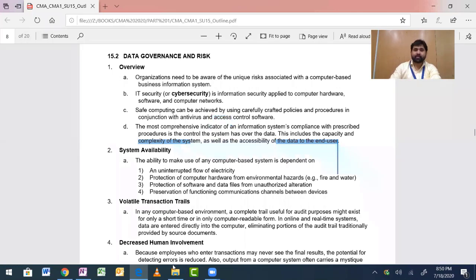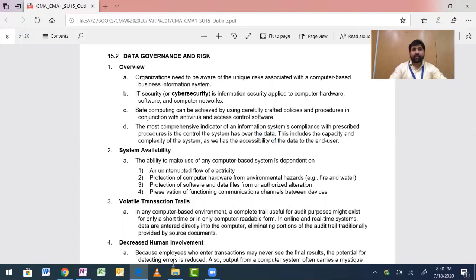So anybody will not be able to access your computer, the software and all that stuff. The most comprehensive indicator of an information system's compliance with prescribed procedure is the control the system has over the data. So whether the data can be accessed by everyone or not.